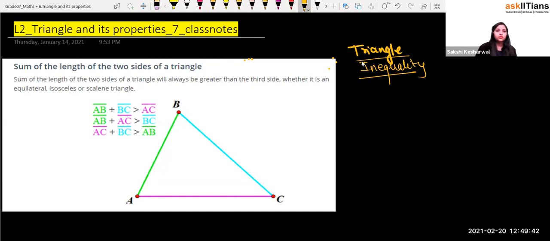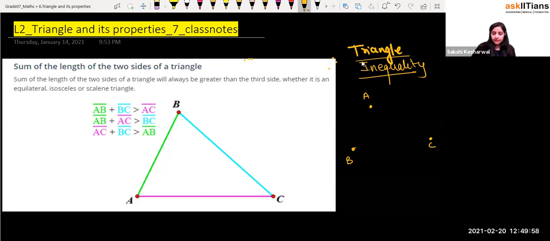Now let's not look at the figure which is given on the right side. Now just think in one way, right? If I have these points, this is point A, this is point B, and this is point C, right?